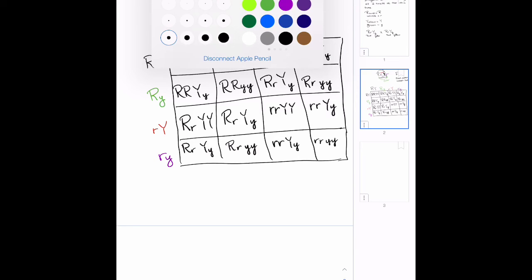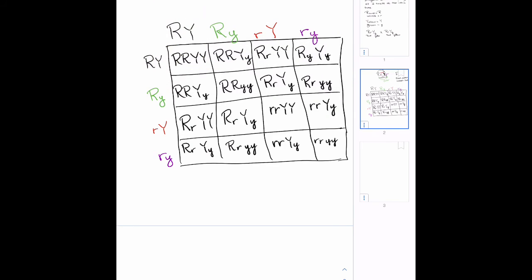So I'm going to get some yellow, and let me make it bigger here. The first one is going to be round and yellow. The second one is going to be round, and we've got the dominant yellow there, so it's also going to be round and yellow. The third one has dominant R for round and a capital Y dominant for yellow, so round and yellow.